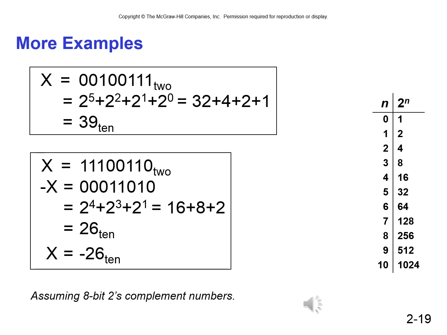And so then we've got 0 times 2 to the 0, 1 times 2 to the first, 0 times 2 to the second, 1 times 2 to the third, 1 times 2 to the fourth, and all zeros. So we've got 16 plus 8 plus 2, 26 base 10, and we add the negative sign in front of it because we started with a negative number.